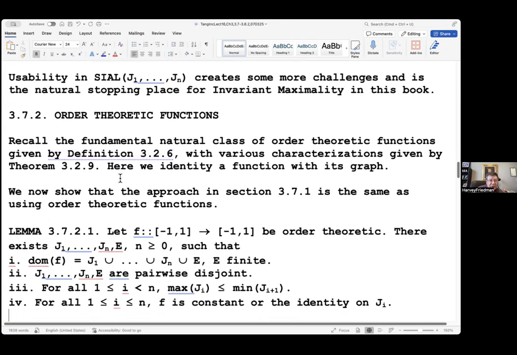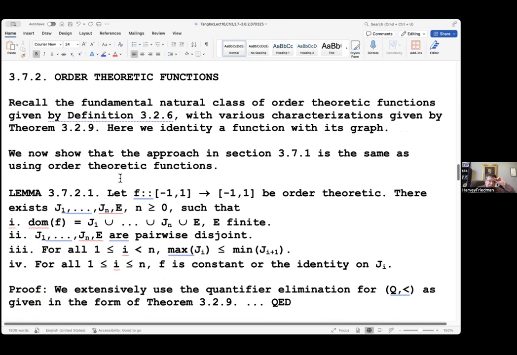Now, there's another way to approach this, which is the order theoretic functions. Recall the natural class of order theoretic functions, which was defined in the section on core mathematical background. Oh, no, I'm sorry.